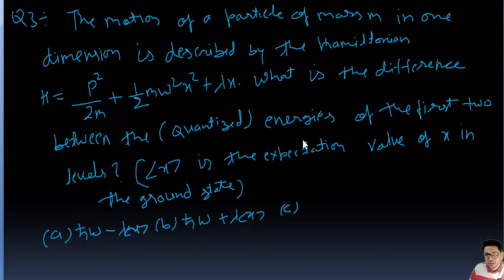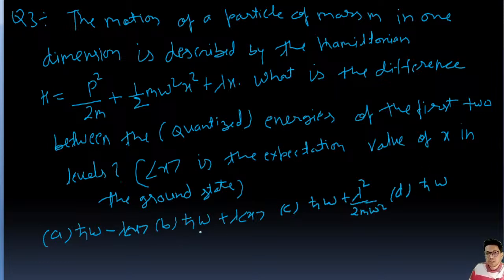Option C is h cut omega plus lambda square upon 2m omega square, and option D is h cut omega.